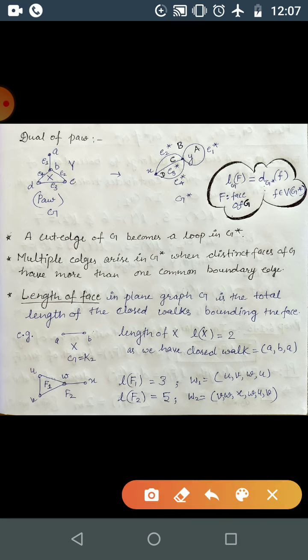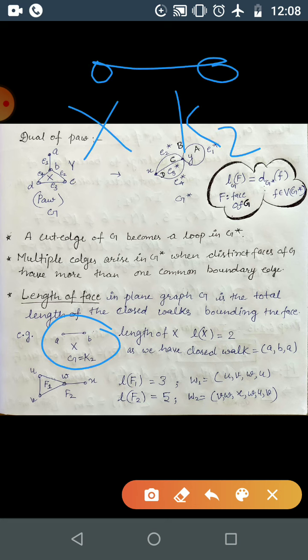The length of a face in a plane graph is the total length of the closed walks bounding the face. Okay. So on the face boundary, you can count the number of edges, or you can calculate the length of the closed walk. That will give you the length of the face. Now come to the length of the face of this one. Whenever you have K2, we have only one face, two vertices, one face.